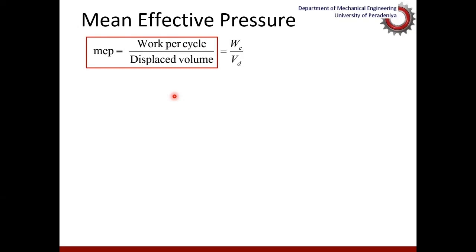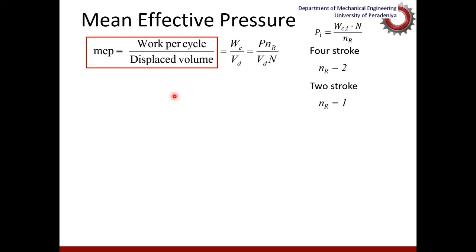So we can convert this work per cycle into power by considering the formula that we looked at earlier. That is, power equals work per cycle times N over NR, where N is in revolutions a second, and NR, depending upon whether it is 4-stroke or 2-stroke, will be either 1 or 2.